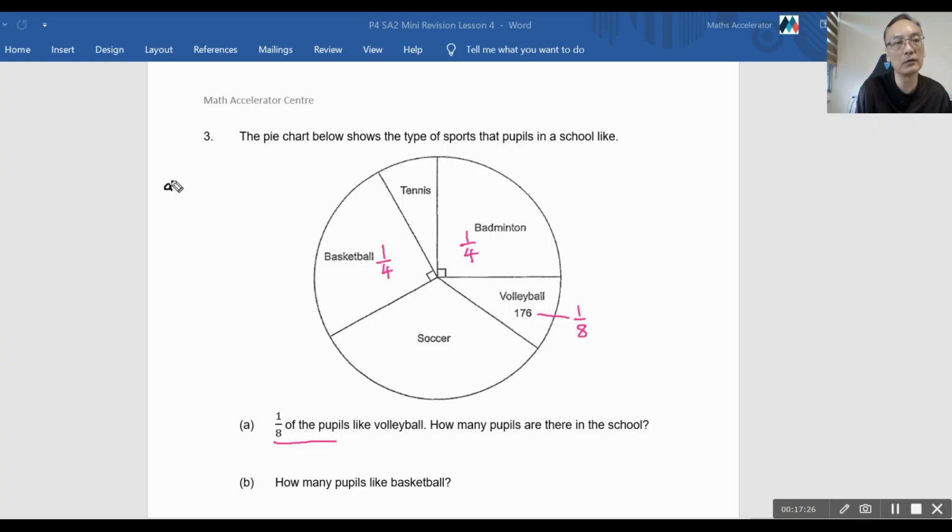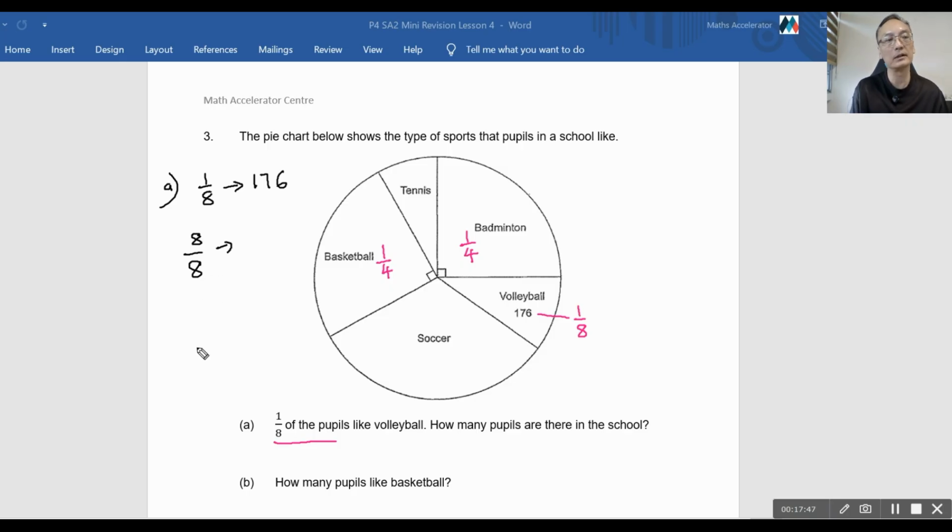So let's solve part A over here. We can establish a relationship where 1/8 of the total represents 176. So next, we have to find 8 over 8, which is the total.